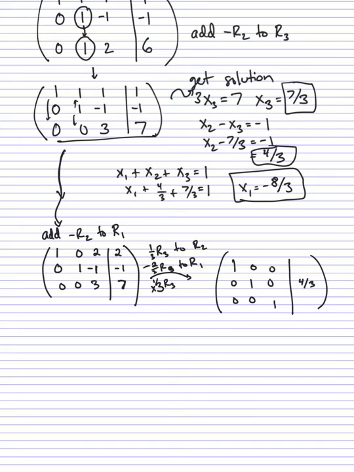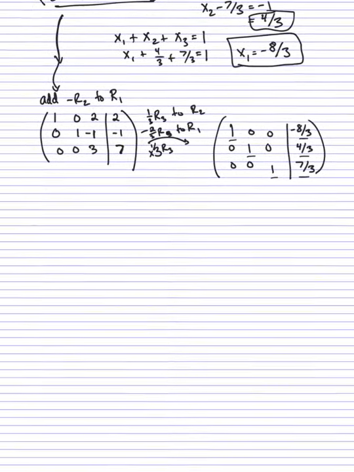Okay, sorry, that got me the 1. So this goes to 7/3. Then I added minus 2/3 of row 3, so it's minus 14/3 to 2, which is precisely minus 8/3. Okay, and now my system of equations is just the simplest it can be. x1 is minus 8/3, x2 is 4/3, and x3 is 7/3. Once you've reduced it to this form, it's trivial to write down what the solution is.